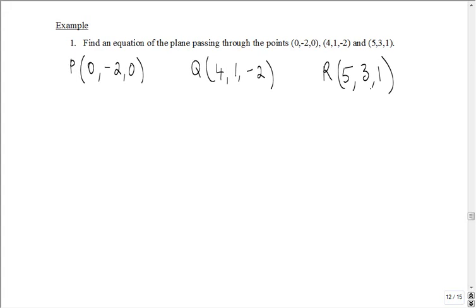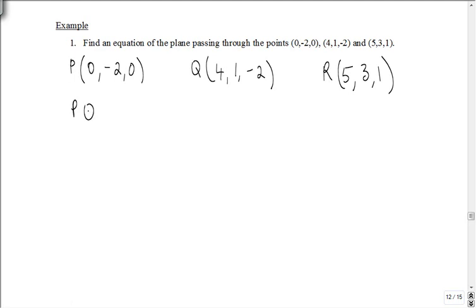Now let us find two displacement vectors. Okay? And we're doing it the same way. I think we did questions like that previously. Make sure you choose the right displacement vectors. You have to choose displacement vectors where you have common points. Okay? So I'm going to choose PQ and PR.